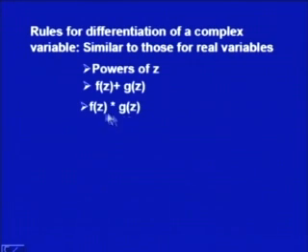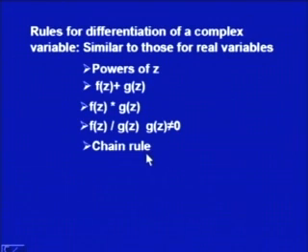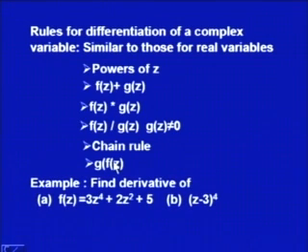Similarly, we can write a formula for the product of two functions. When we have the ratio f z divided by g z, we can differentiate it provided g z is not 0. Then we have the chain rule for a composite function. Similar formulae can be obtained for these cases when we have a function of a complex variable, and they can be used in this example.